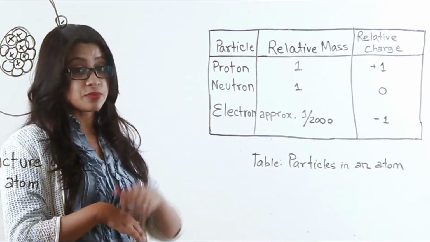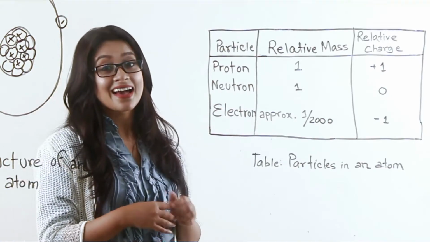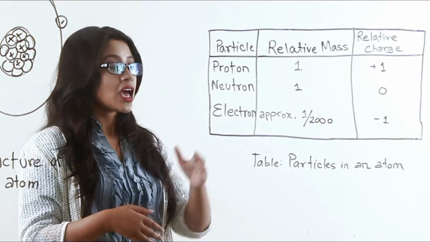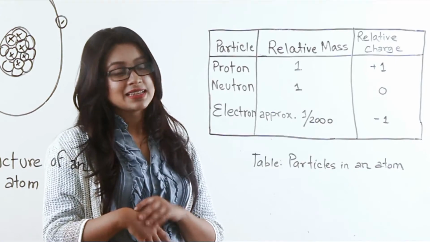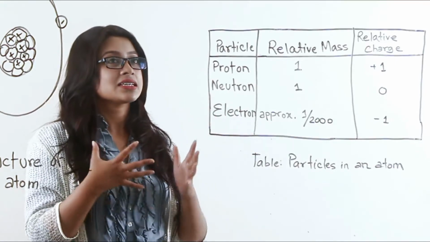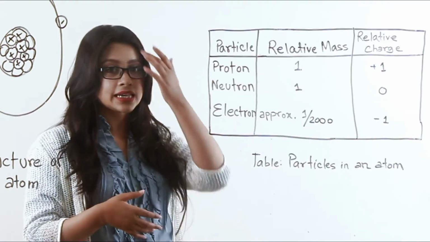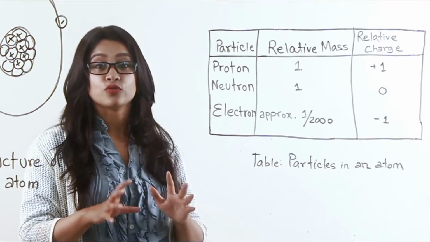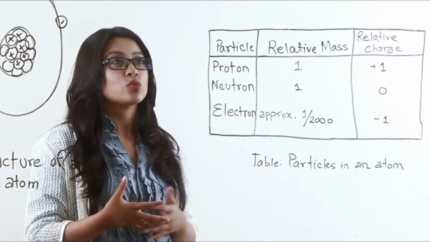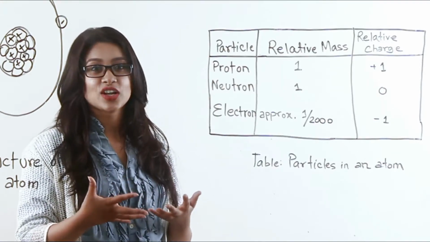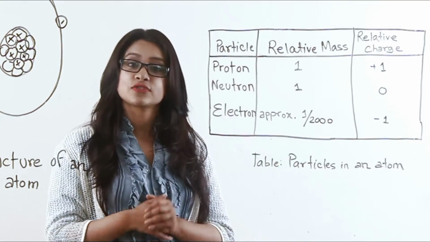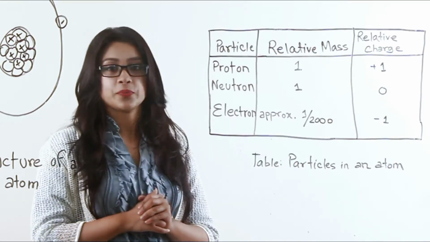Neutron has a relative mass of 1, however, it has no charge, so its relative charge is 0. When it comes to electrons, guys, its mass is so small, it's considered to be approximately 1 out of 2,000. So we can say that the electron has almost no mass at all. And it has a relative charge of -1.